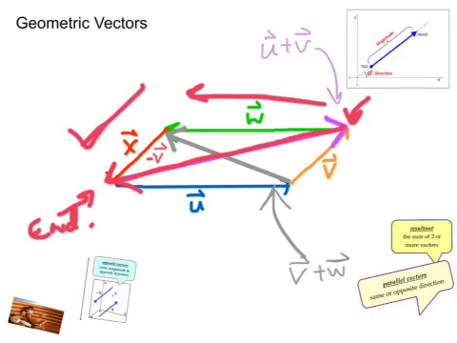This red one that we just drew, we could represent that a couple different ways. That is the same thing as taking vector w plus vector x, which is also the exact same thing as vector w plus vector negative v, because x and negative v are the same vector.